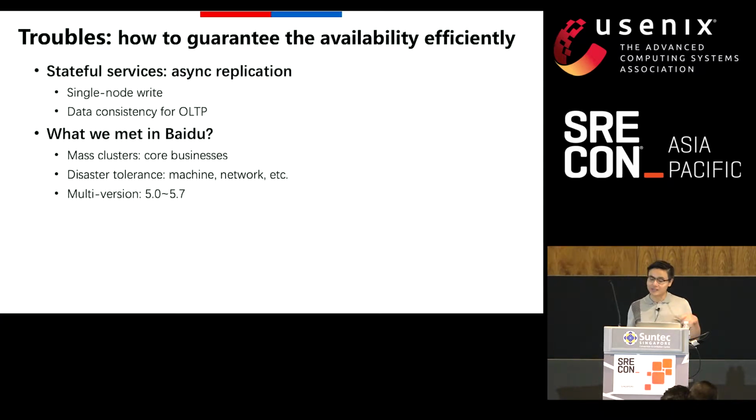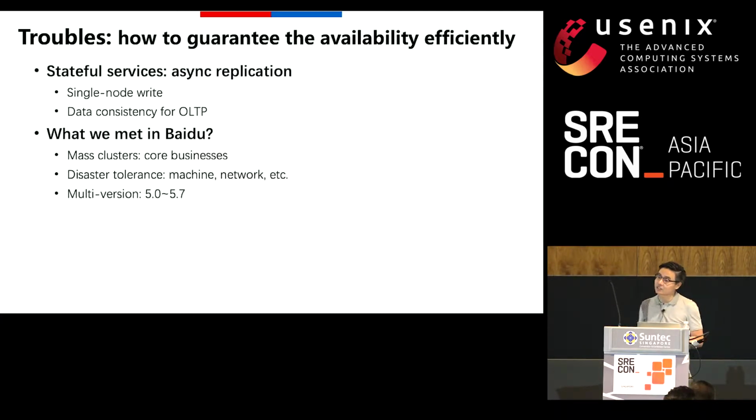The write requests are processed by a single MySQL node, right? So if the master is not allowed to write, it will affect the application's continuity. What's more, data consistency is also very important for OLTP services. Most of them do not allow data loss.